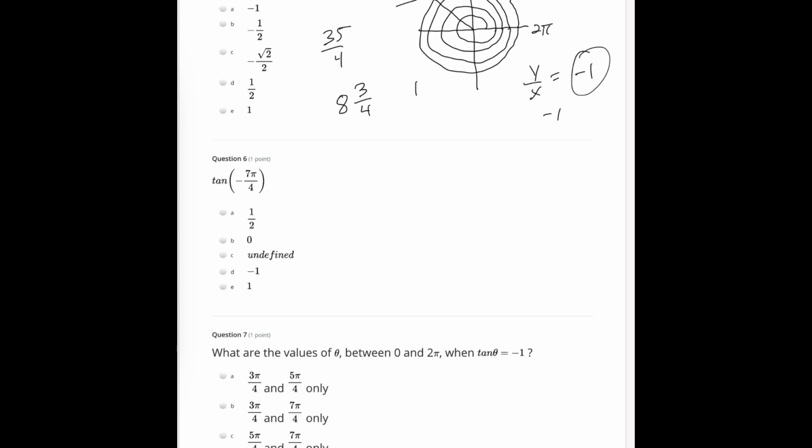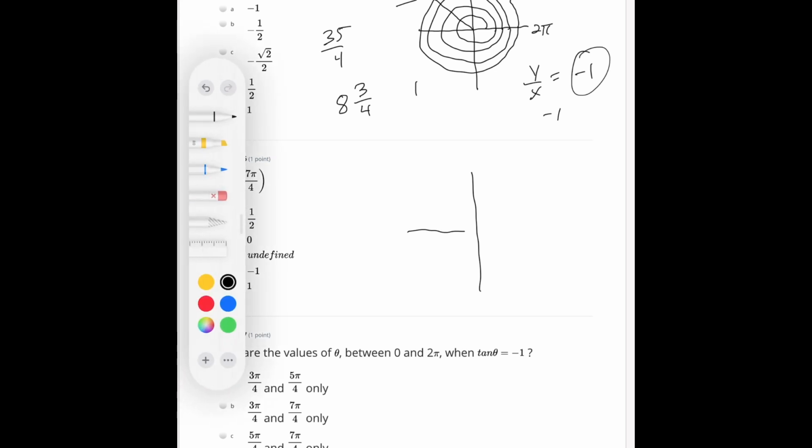All right, let's find tangent of -7 pi/4. This is one of the pi/4s, so I know it's going to be 1 or -1. We just have to figure out which quadrant we're in. We're going in the negative direction, clockwise: 4 pi/4, 5 pi/4, 6 pi/4, -7 pi/4, right in the middle of the first quadrant, so tangent is 1.